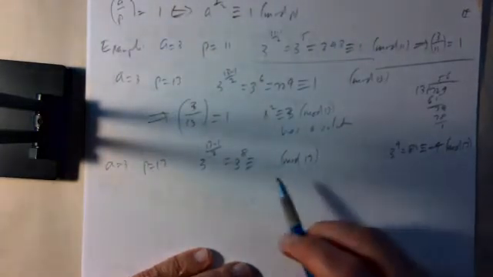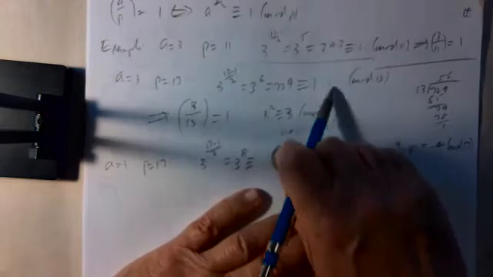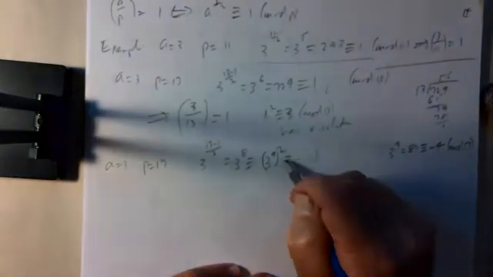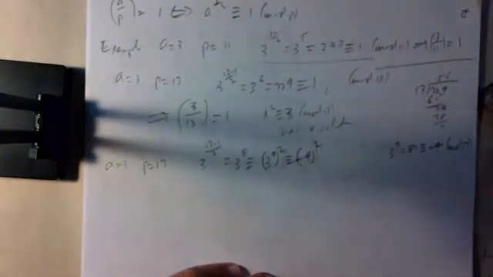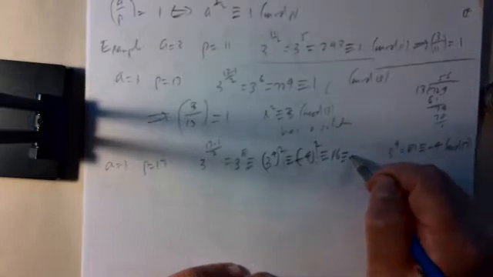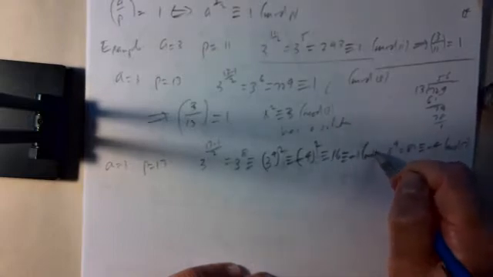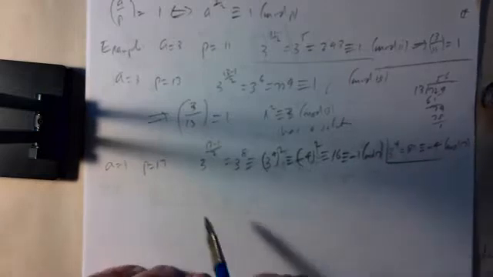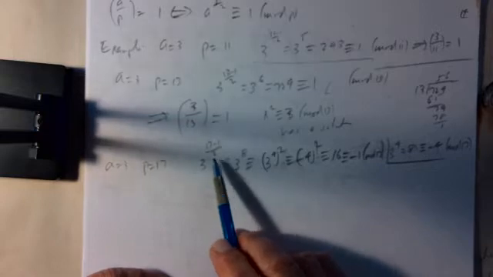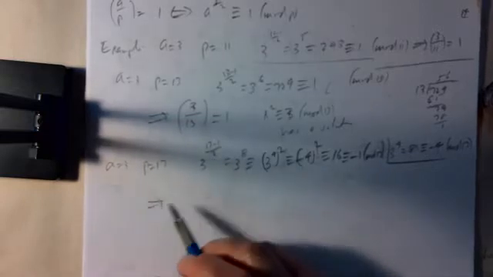So 3 to the 8th, which is 3 to the 4th squared, is minus 4 squared, is 16, which is minus 1 mod 17. So 3 to the p minus 1 over 2 is minus 1 mod 17.